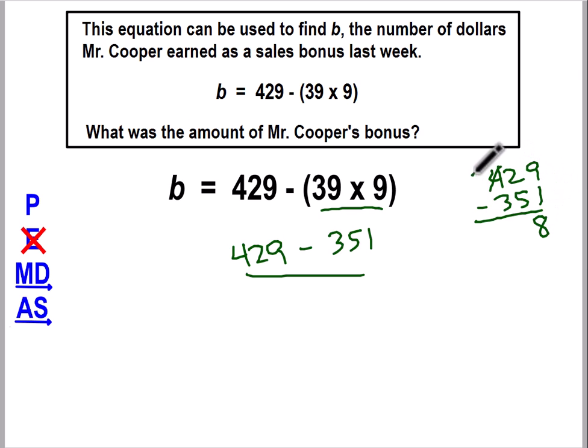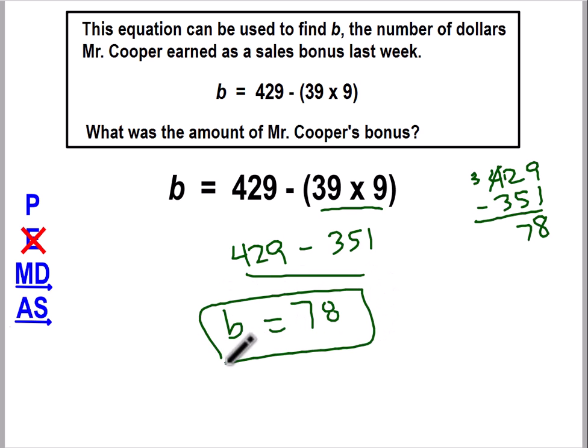I have to borrow, and 12 minus 5 is 7. So I get 78. So my answer is B equals 78. So that's how we solve when there are multi-operations in an expression. We use the order of operations, our PEMDAS, and we follow that order.